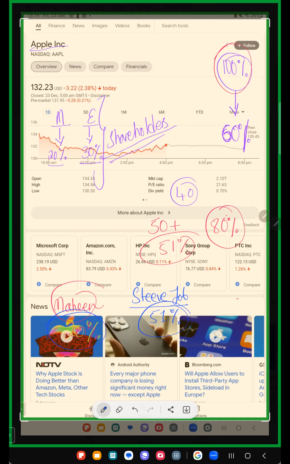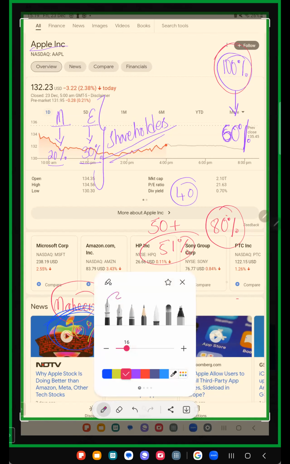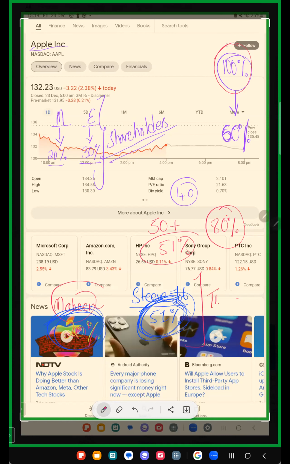I was the original owner, but now Steve Jobs took 50% of my company. What am I left with? I only have 20% of the ownership. This guy came and said, I'll buy half your company. Now who has the ownership? Steve. Exactly. This is called a takeover.